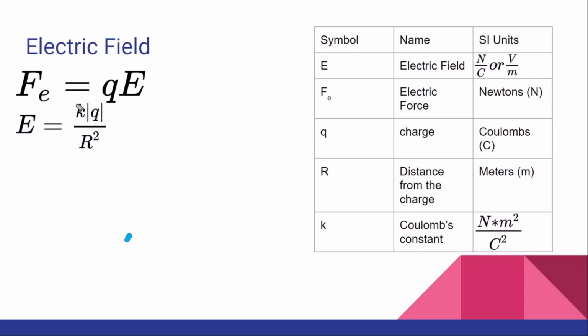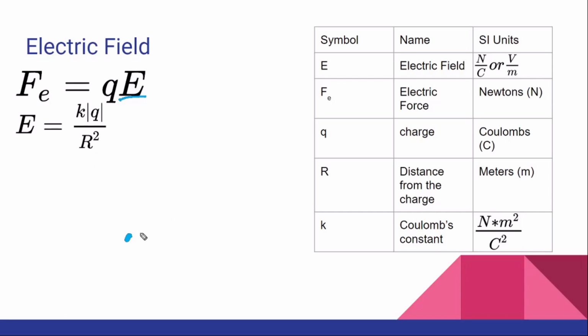It can be found using this equation, where the electric force is equal to the product of the charge and the electric field, or the electric field is equal to the product of Coulomb's constant times the absolute value of a charge divided by the distance from the charge squared.